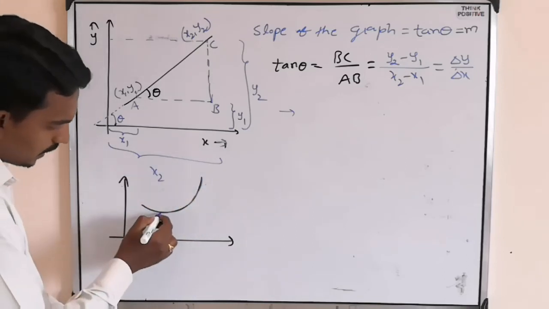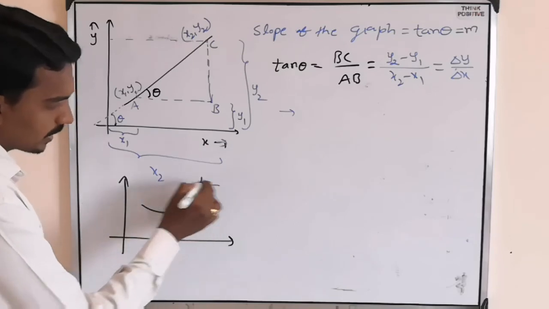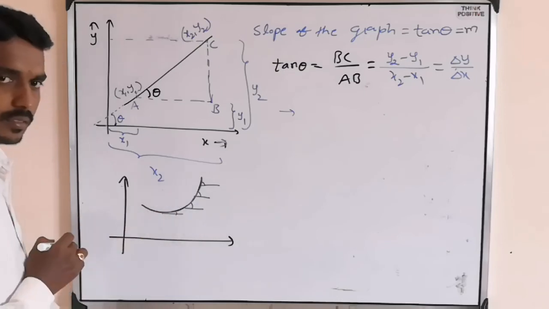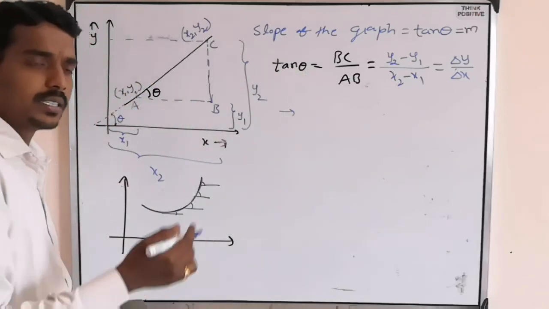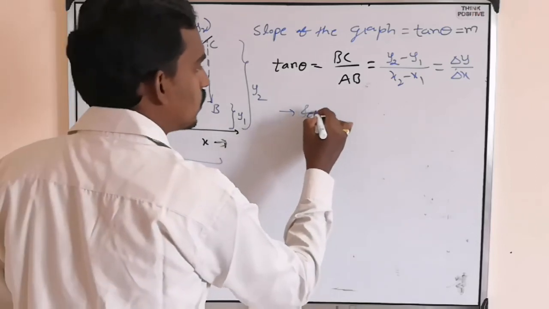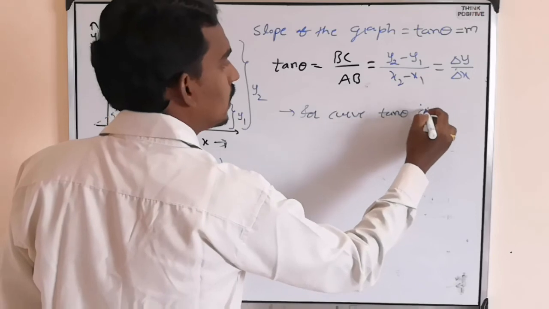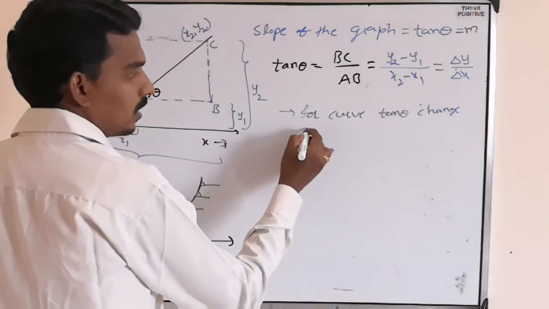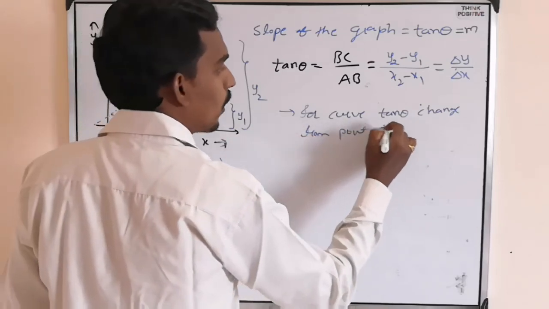See, you take here the x-axis, here the x-axis, here the x-axis. The angle keeps on changing. So that's why the tan theta value keeps on changing. So for a curve, tan theta changes from point to point.